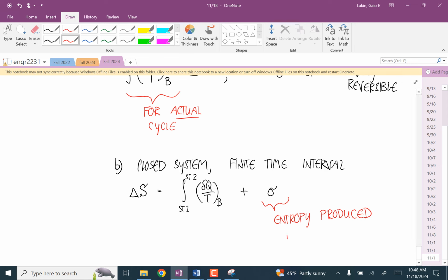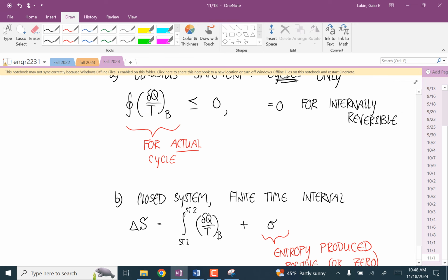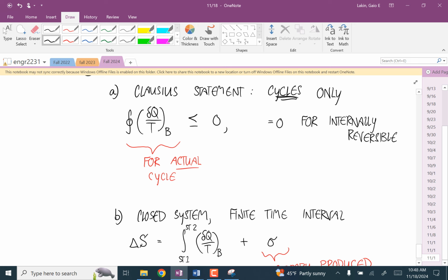And this has to be positive or 0. If it's 0, you know that the process is internally reversible. This is not necessarily a cycle. The Clausius statement is the only one that deals with cycles necessarily.